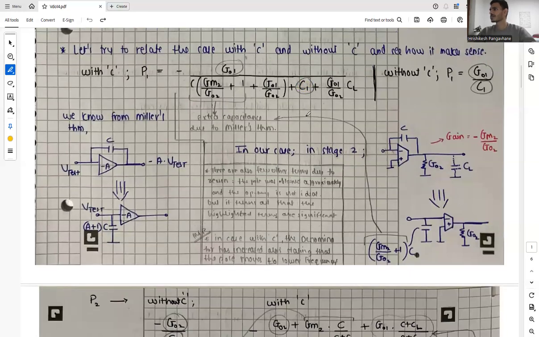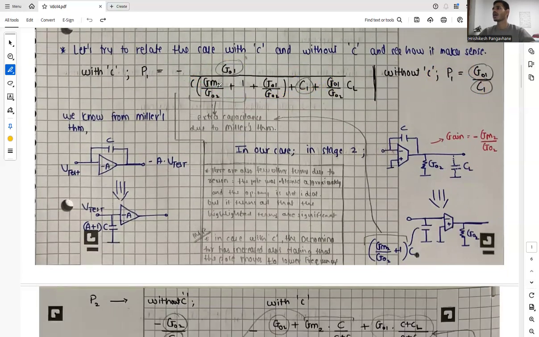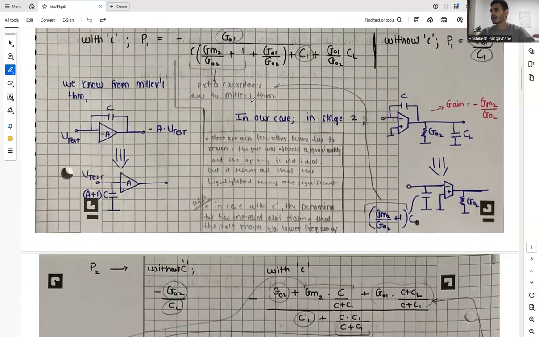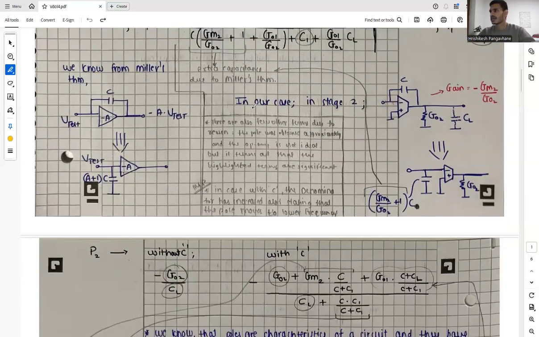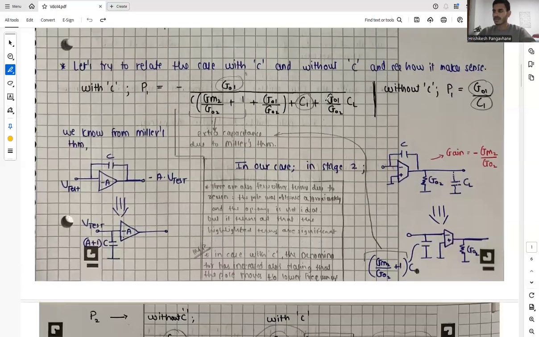So basically, we can relate our intuition with our actual value. And we can say that in this case with C, the denominator has increased a lot, which states that the pole moves to a lower frequency.